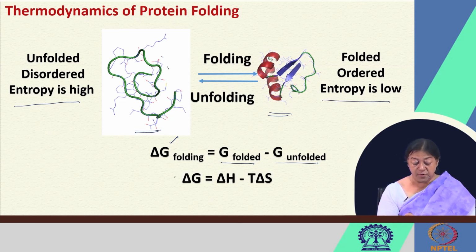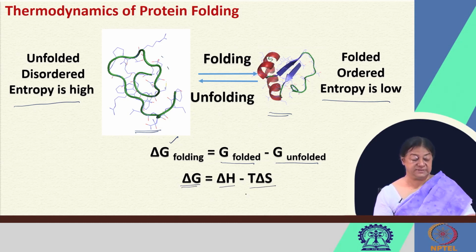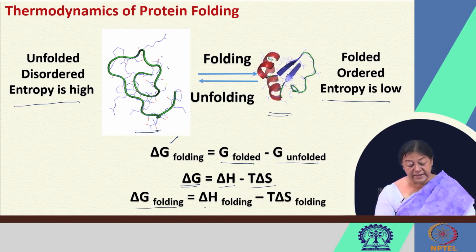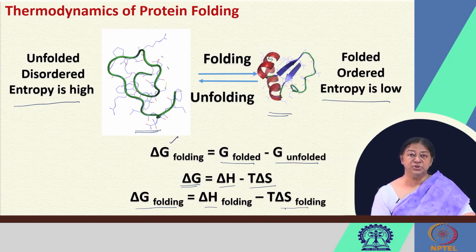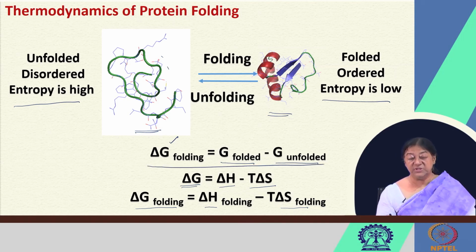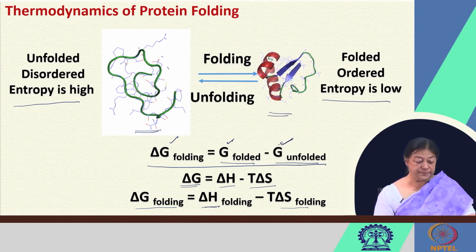We know that the free energy delta G is given by delta H minus T delta S. So, for the delta G of folding, we have to look at a delta H of folding and a T delta S of folding. The delta S of folding is going to be the S of the folded minus the S of the unfolded, and the delta H of folding is going to be the H of the folded minus the H of the unfolded.